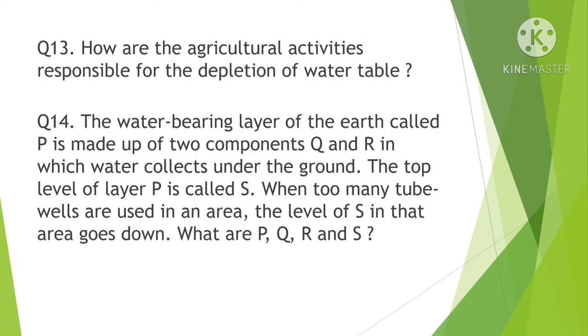Now the next is the top level of layer P. We know that the top level of aquifer is known as the water table. Now when too many tube wells are used in an area, the level of S in that area goes down. So S is basically the water table. P is aquifer, Q is soil particles, R is the permeable rocks, and S is water table.